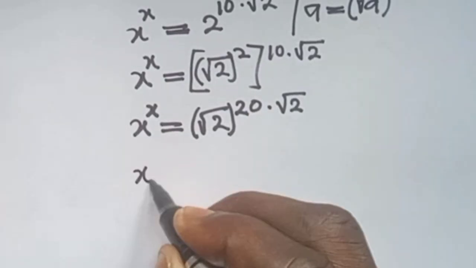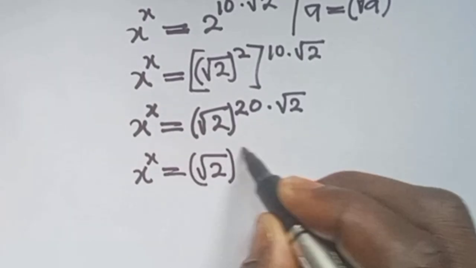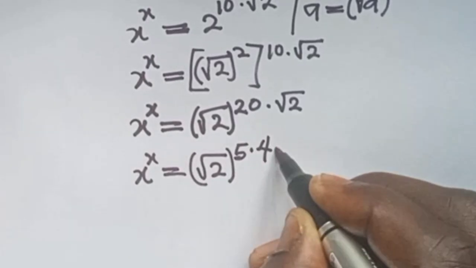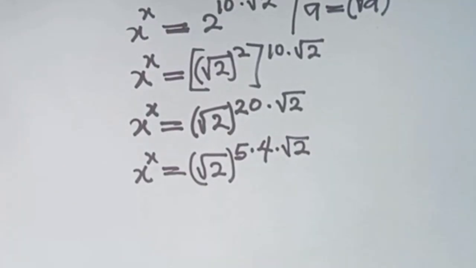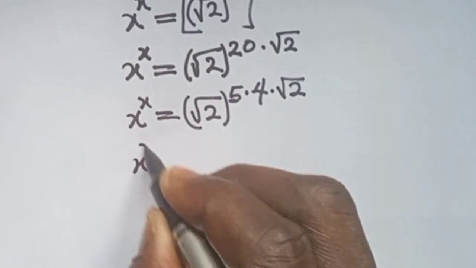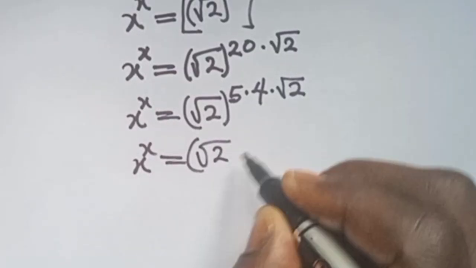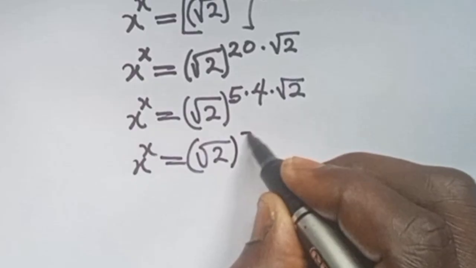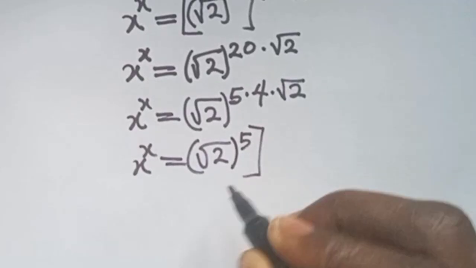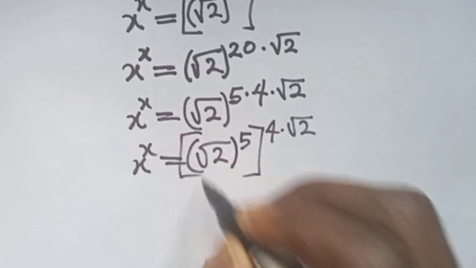So the next line becomes square root of 2 to the power of 5 times 4, that is, square root of 2. We can write this very line also as x to the power of x equals square root of 2 to the power of 5, to the power of 4 times square root of 2.